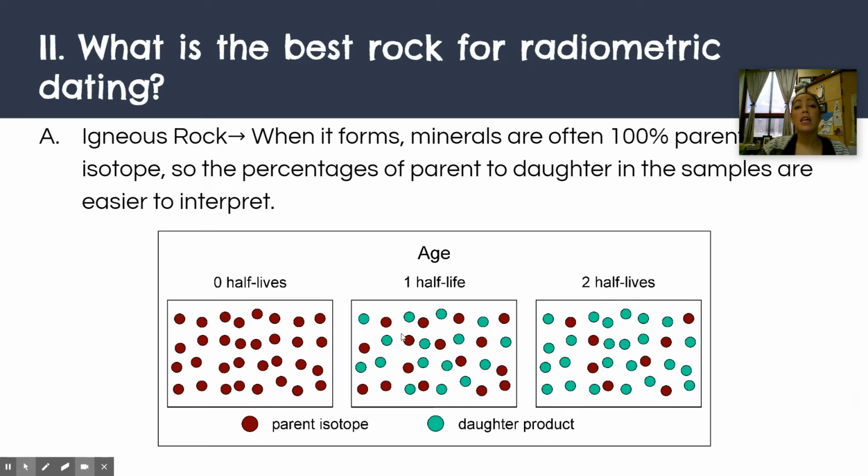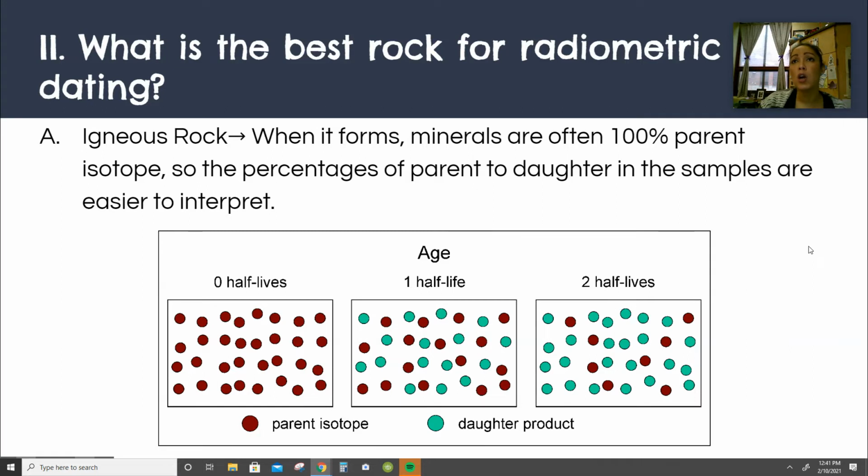Igneous rock is typically the best kind of rock for using radiometric dating, or you might see this called absolute dating or radioactive decay or radioactive dating. Radiometric dating is the most common way that we might describe this. Igneous rock is the most common kind of rock that we're able to do this with.